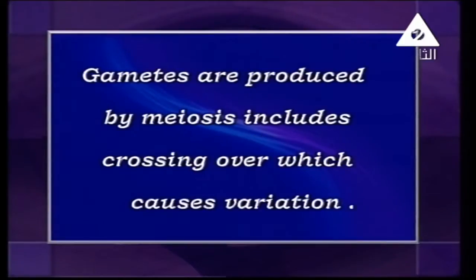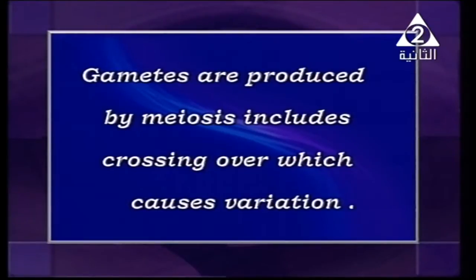After that, gametes are produced by meiotic division, which includes what? The crossing over phenomenon. As we said, crossing over is a kind of replacement or exchange of internal chromatids of the two individuals to allow variation between species and individuals.